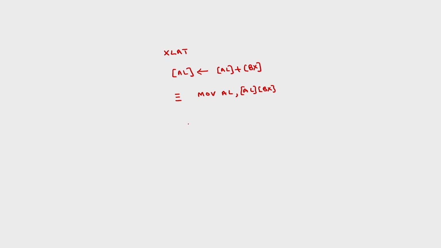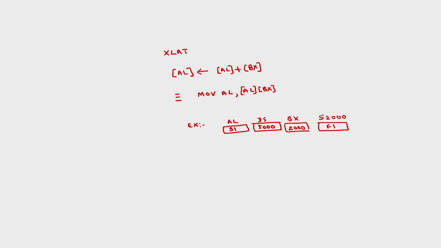If I take an example, if AL contents is 31H, basically this operation will be used for converting ASCII data into EBCDIC data. Let DS be the same 5000, BX is 2000, and the contents of the 52000 location will be, say, F1.